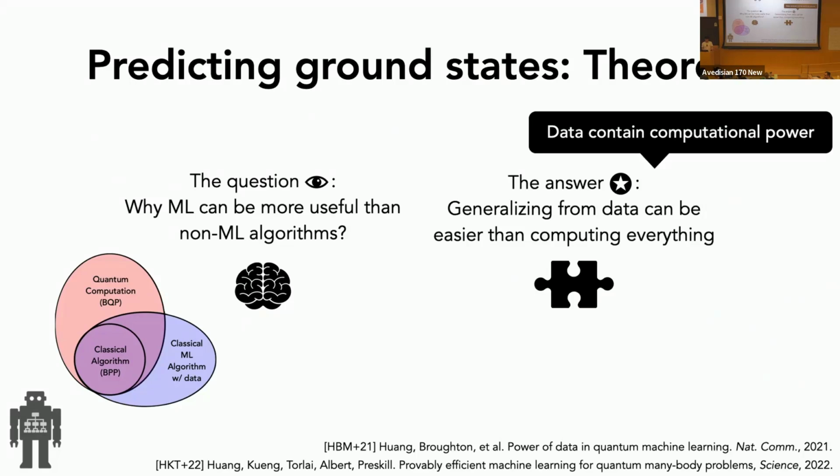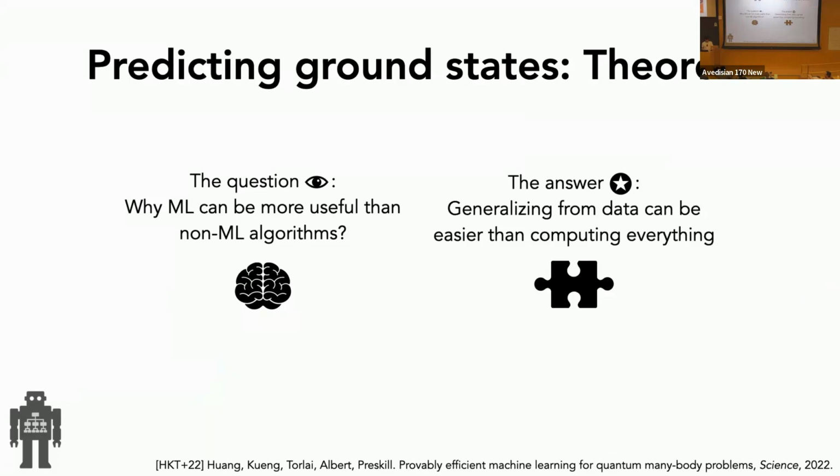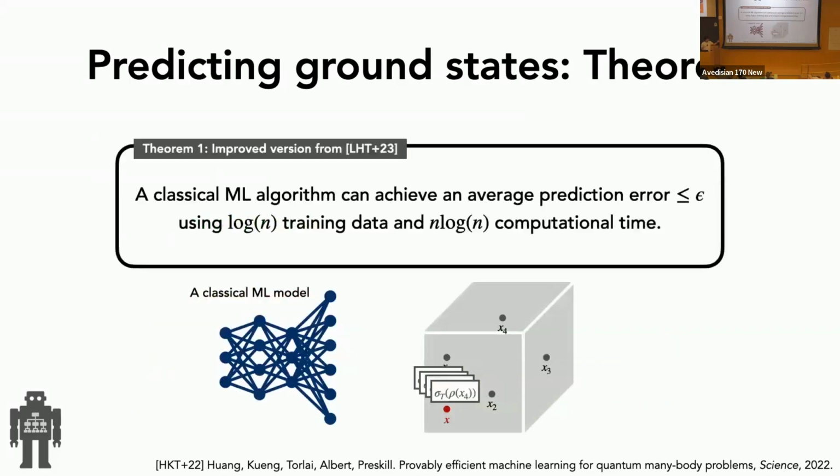Because some machine learning models can be very expressive and achieve good accuracy or even good transferability, but are just so hard to train. Here, when I say computational time, it also means the computational time for both training and prediction. The algorithm that we designed is a pretty simple, kernel-based algorithm, and it has efficient trainability.